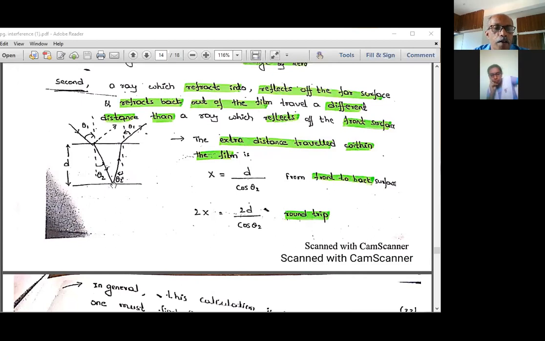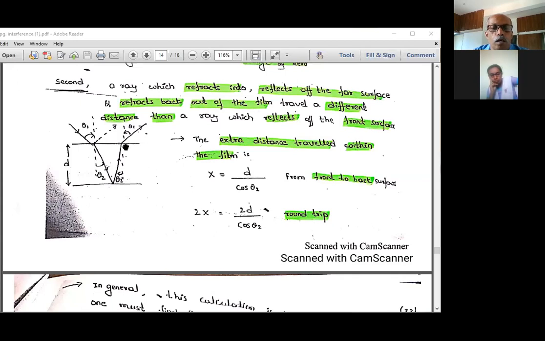At the second surface, it gets reflected back and will move back into the initial medium, into the rarer medium, for example. Right? If that is the case, then the extra distance traveled within the film is x is equal to d by cos theta 2 for the forward journey. Similarly, d by cos theta 2 for the backward journey.